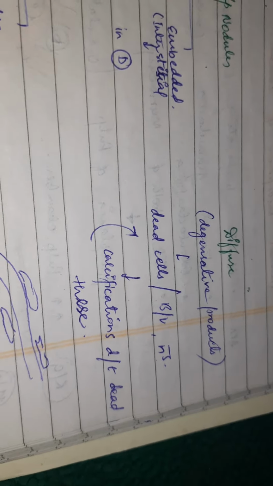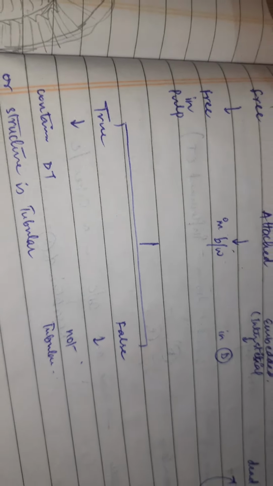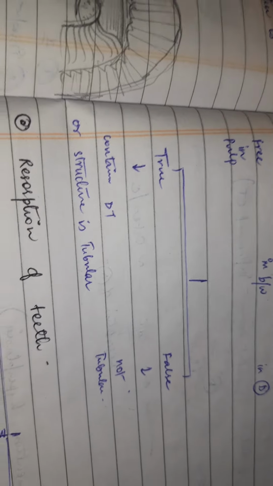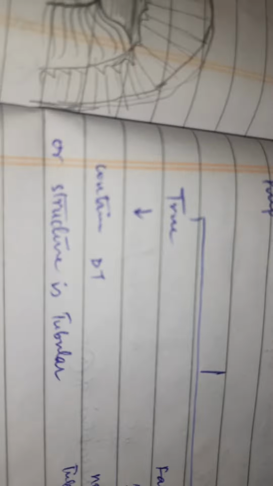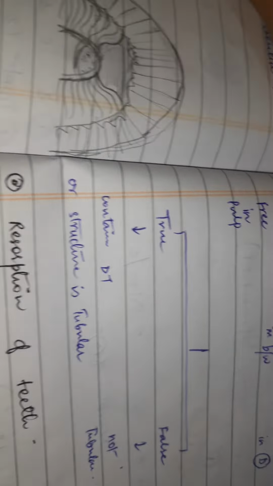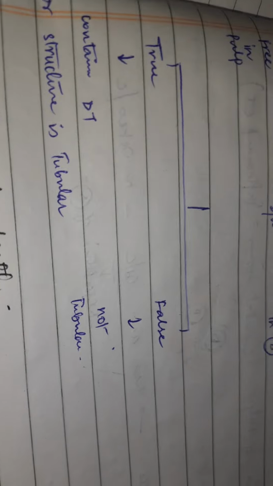It is further divided into true and false. True denticles contain dentinal tubules, and false denticles are not tubular.